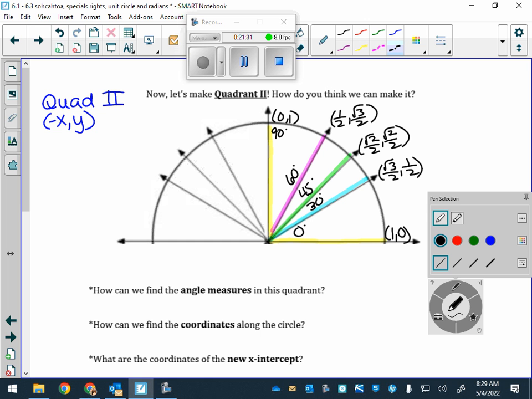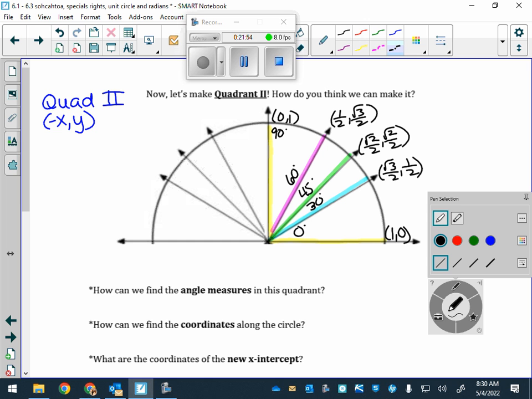Okay, so now, what do you think we have to do in order to fill out the second quadrant? Is there anything that you guys notice that can be helpful? Yeah, Stefan. Okay, so all of our next x values will be negative, right? Great.